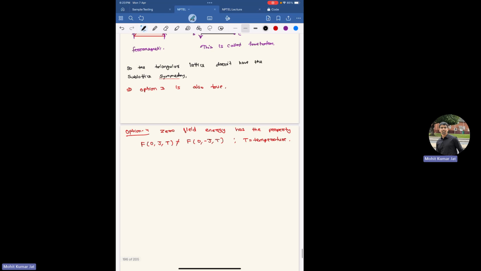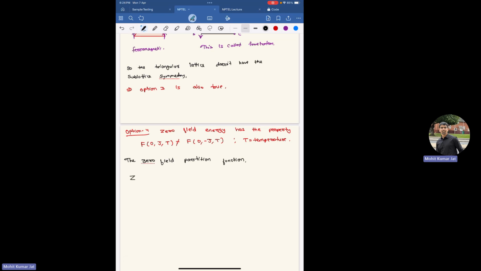So the zero field partition function means H equals 0.